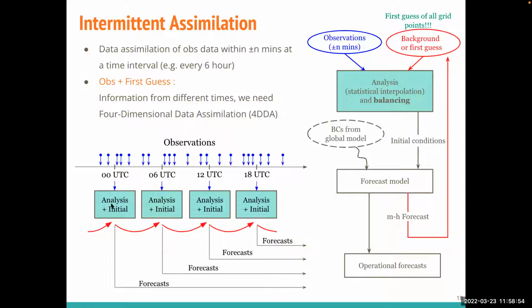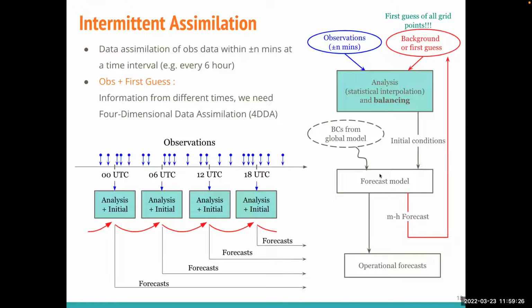Okay, initial condition. So you initialize the model here, and then we do one simulation. And then so here analysis, just statistical interpolation and balancing, and then initial condition, or if it's a regional model, you need the boundary conditions of the full model. That's not important. Okay, and then you have the forecast model.